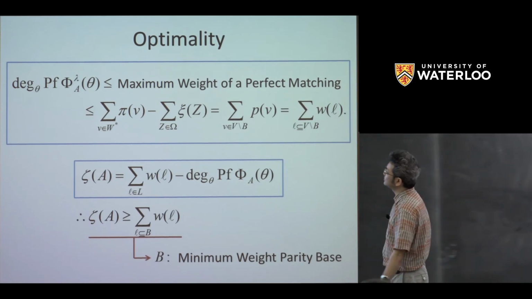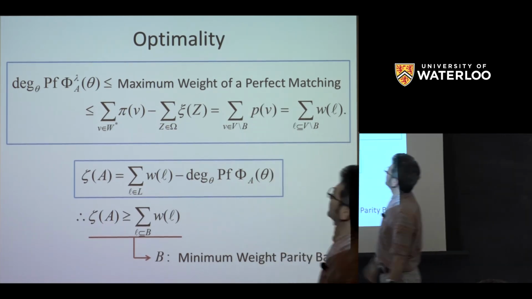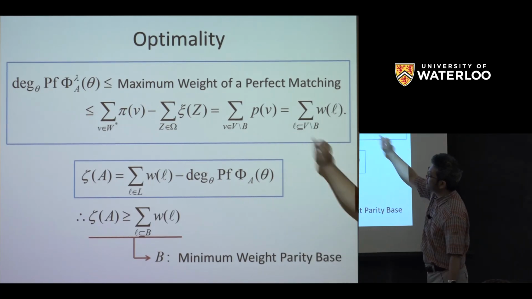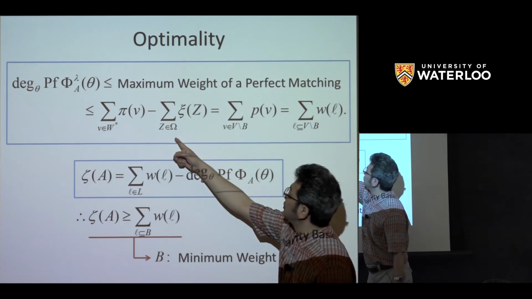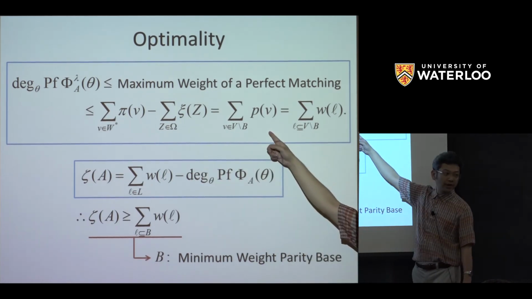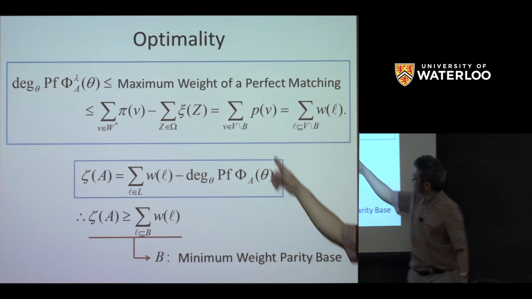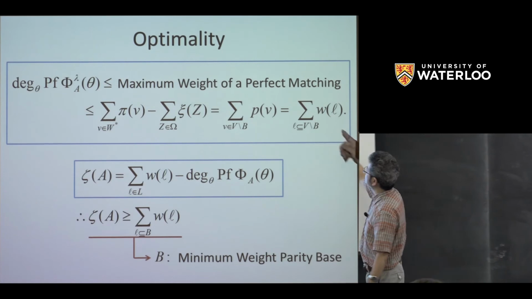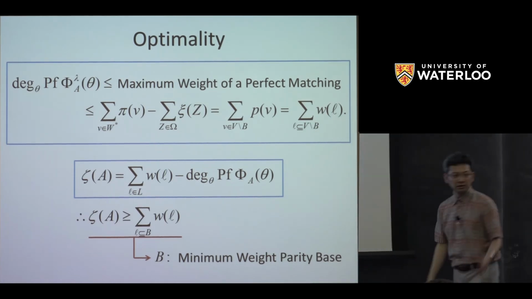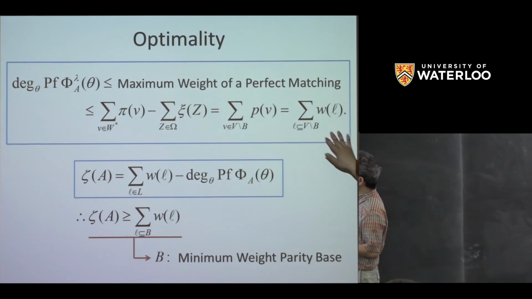So we know that the maximum weight of the perfect matching gives the upper bound of the degree, but this is at most the dual objective value, which is equal to that one. Okay, and because this gives us weight splitting, we know that this corresponds to the sum of the weights in the co-base, in the complement of the parity base we have.